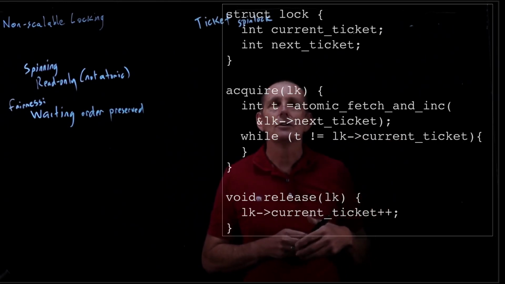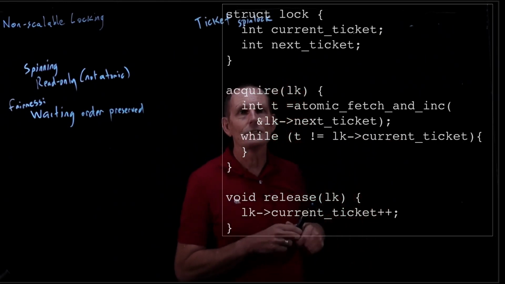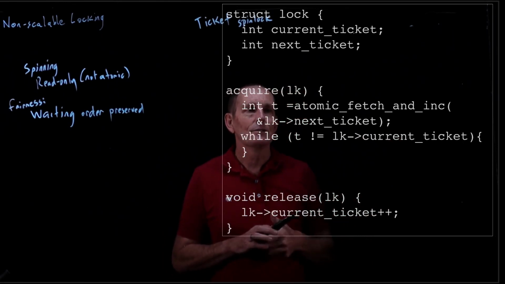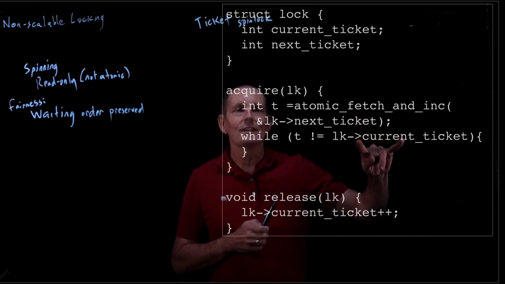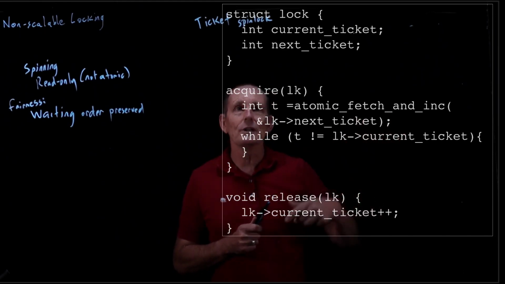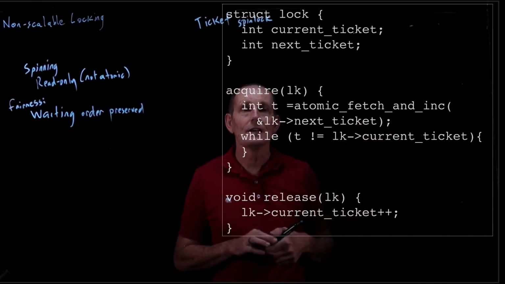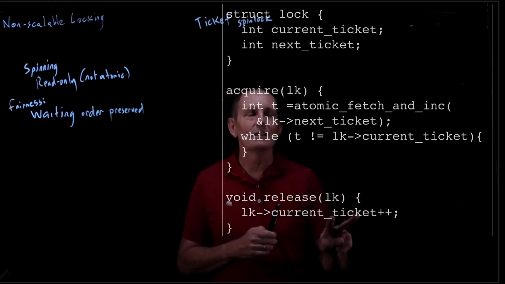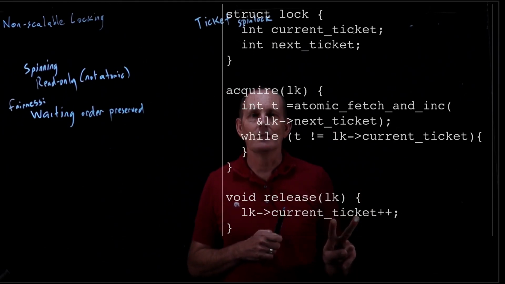And none of those reads require any messages to other CPUs. In fact, this address is going to get cached. So you're just reading from your cache over and over again in shared mode until it gets updated, in which case you're going to be invalidated.